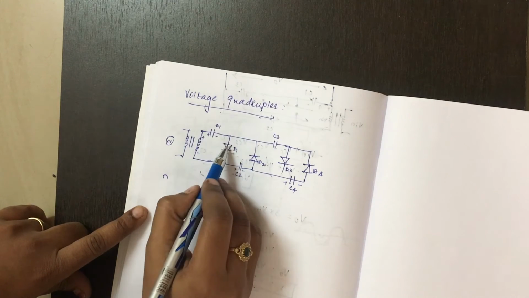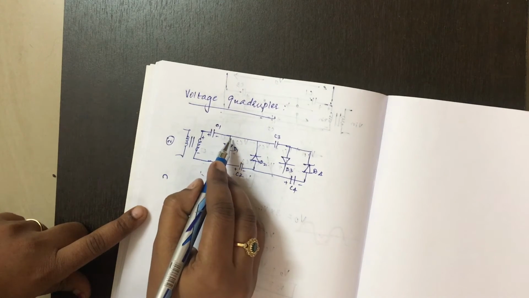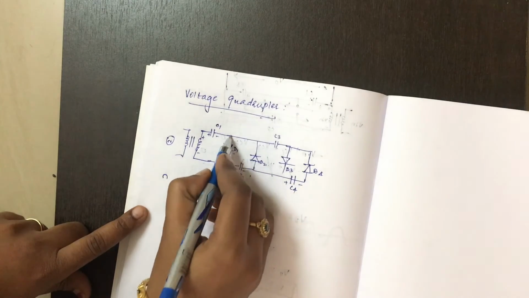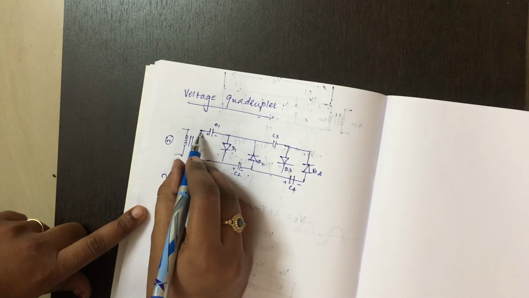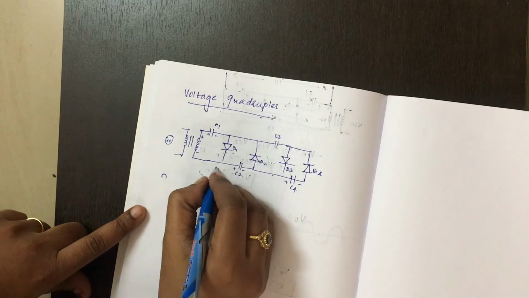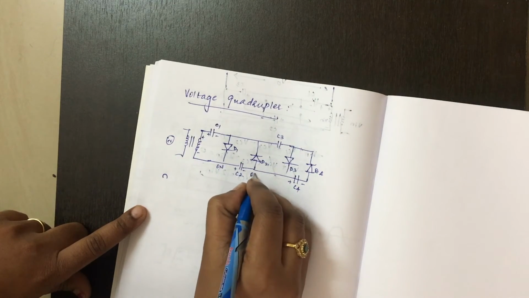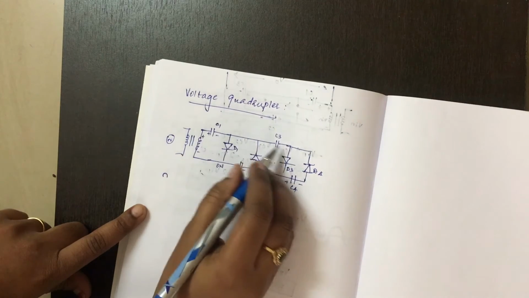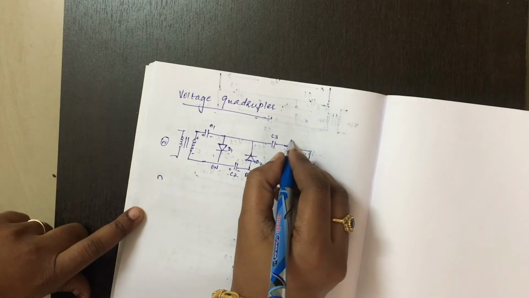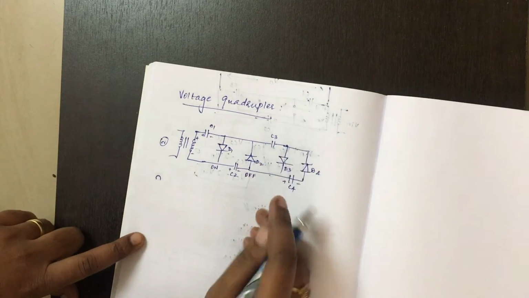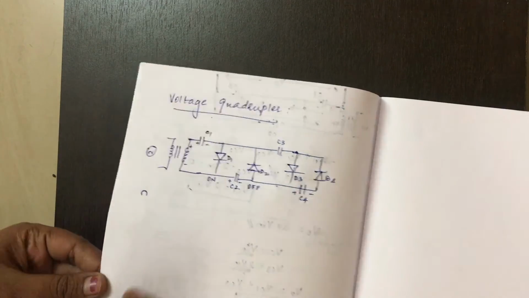When positive is applied to the anode, this will turn on. When this positive is applied to the cathode, this will turn off. This positive is applied to diode D3, this has to turn on, but you will be applying a negative signal, which we have seen here.